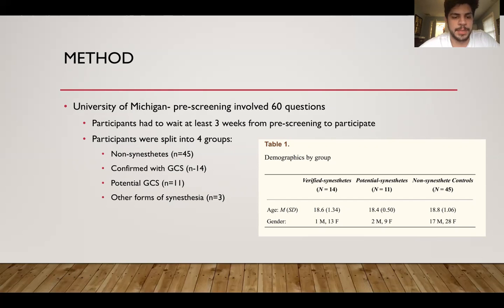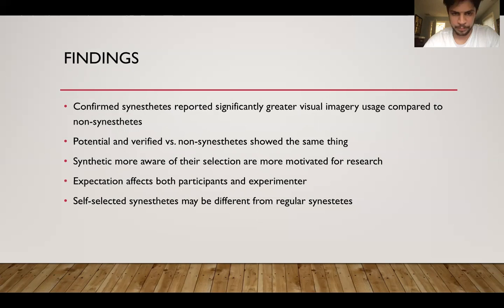There are 4 types: non-synesthetes, the confirmed synesthetes, or GCS specifically, and potential GCS, who might have it, as their diagnostic data was more ambiguous. And then there are also some with other types of synesthesia.